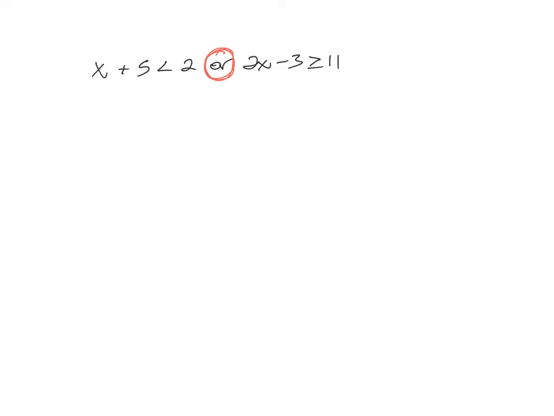This is an OR problem. So just solve each of them separately. So x is less than -3. And then over here, we'll add 3. And we'll divide by 2.